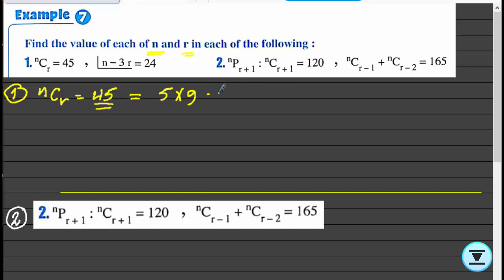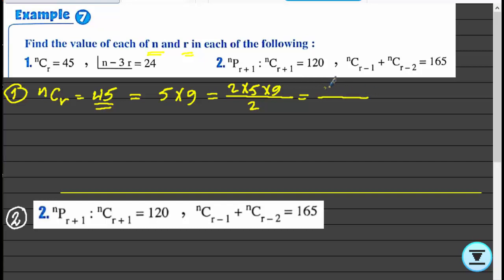Multiplying up and down by 2, we get 2 multiplied by 5 multiplied by 9 over 2. It is the same. 2 multiplied by 5 multiplied by 9 is 90, divided by 2 also equals 45. Now this fraction, it is 90.